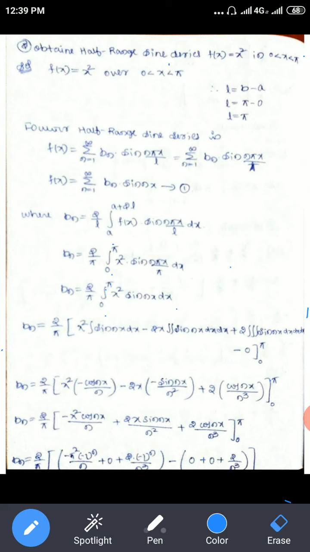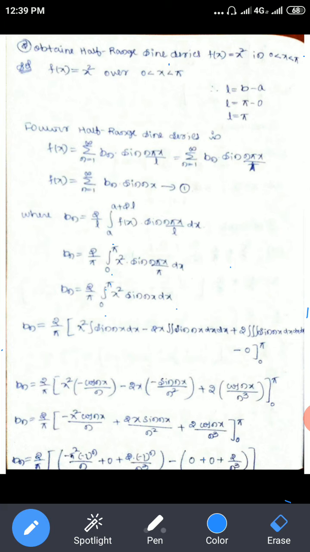Next alternate sign plus: differentiation of 2x is 2, into triple integration of sine nx. 3 times we have to do the integration here. Next alternate sign minus: differentiation of 2 is 0, and 0 into anything is 0, evaluated between 0 to pi.